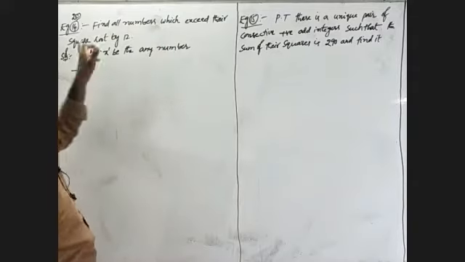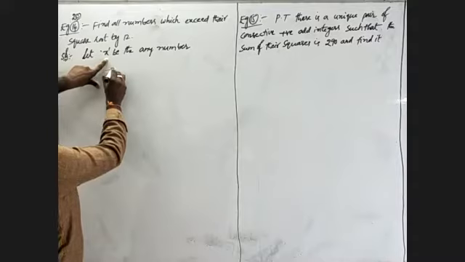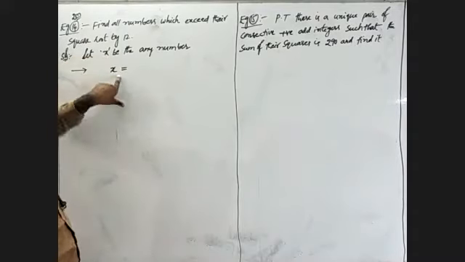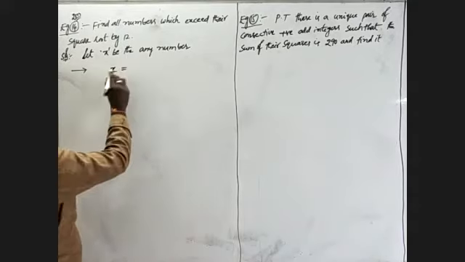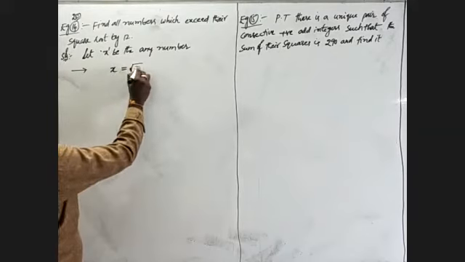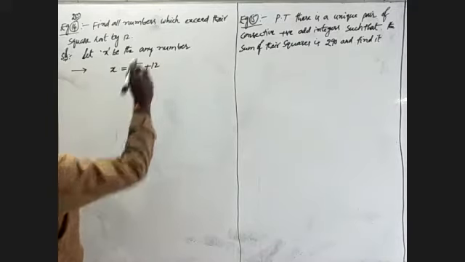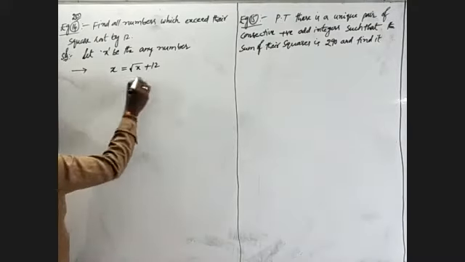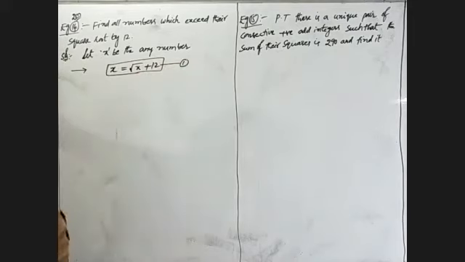Which exceeds their square root by 12. Exceed means we take the minus value to the other side, so I will write plus their square root, and their square root is root x. So x is equal to root x plus 12. This is the given condition, my equation number 1.